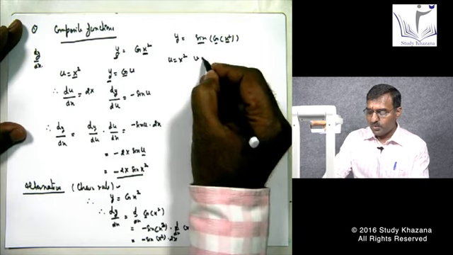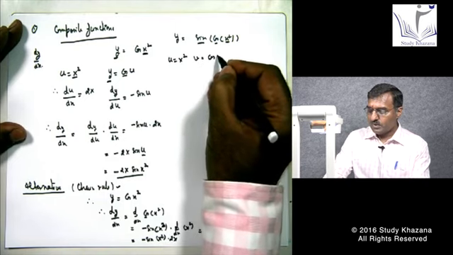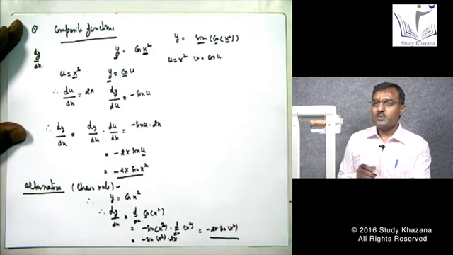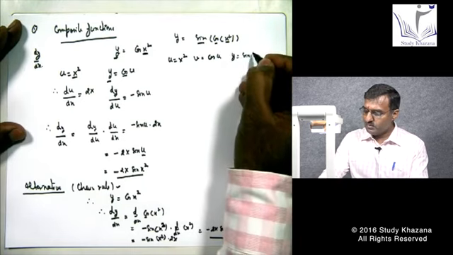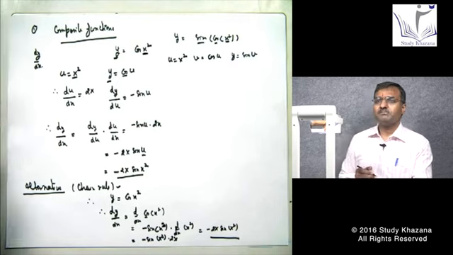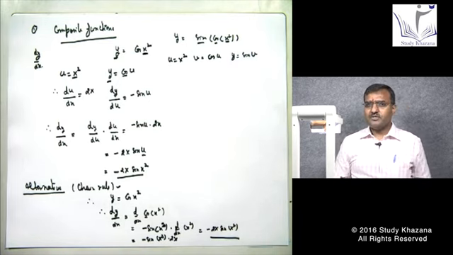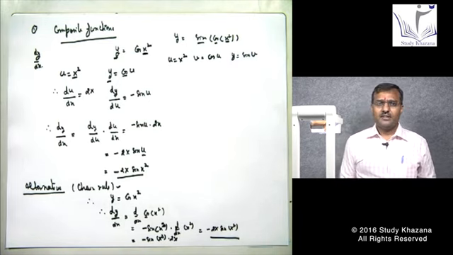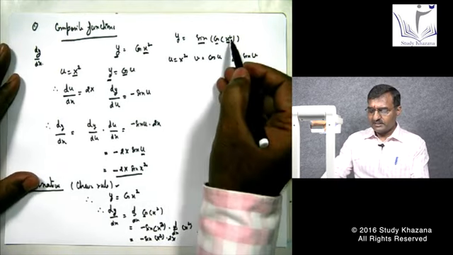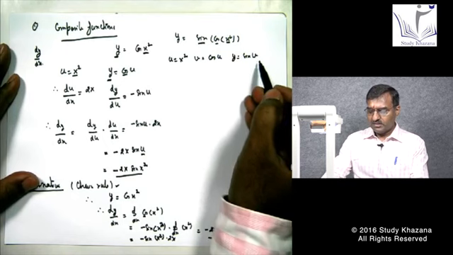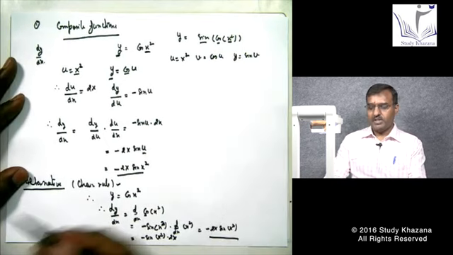Second we put v equal to cos u, and the third one will become y equal to sine v. Now as you see, there are three functions: x square, cos u and sine v.